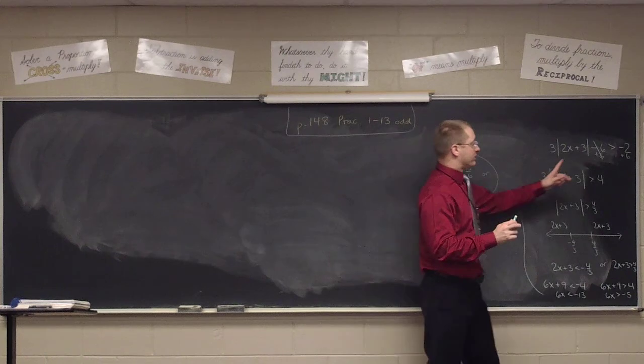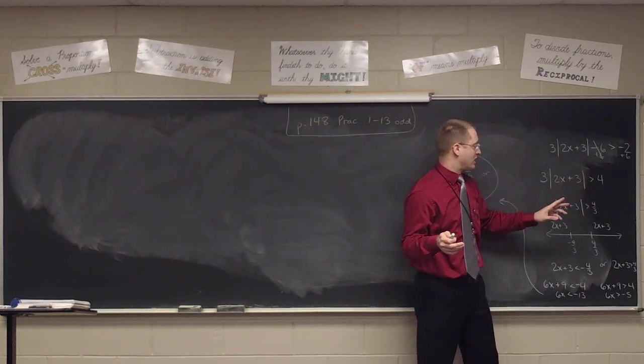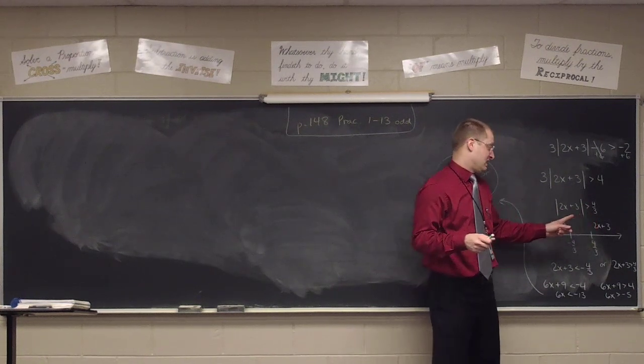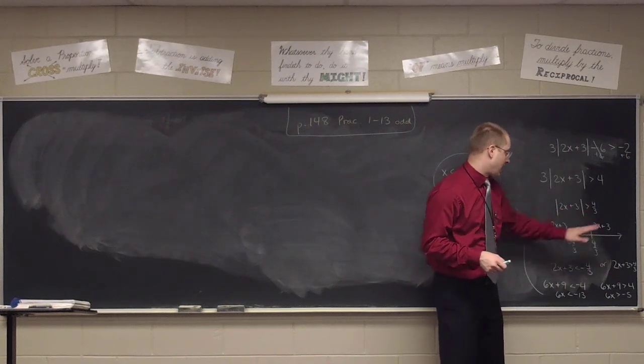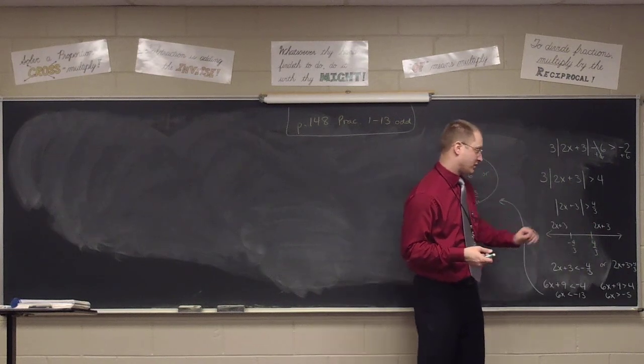Did you start by adding the 6 to both sides to get a 4 over here? Did you then divide away the 3 to get 4/3? So it becomes a positive and negative 4/3, right? Because of the greater than, you're going to go on the outside. So 2x plus 3 is less than negative 4/3, or 2x plus 3 is greater than positive 4/3.